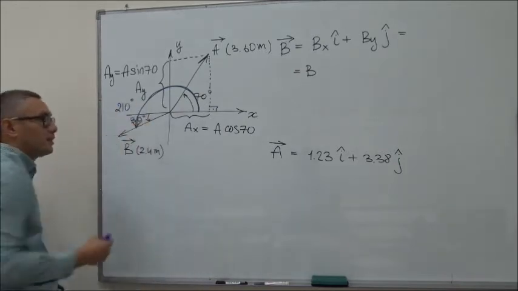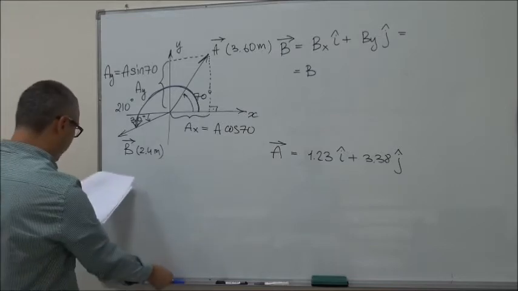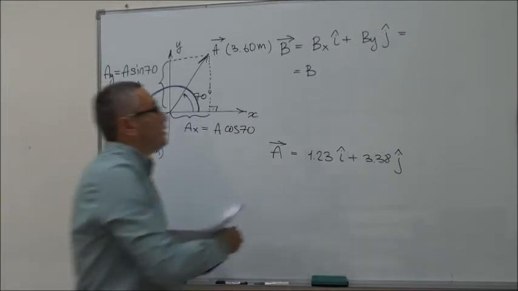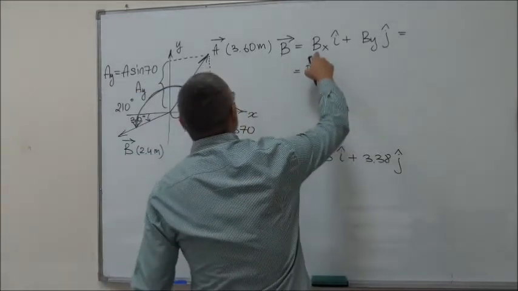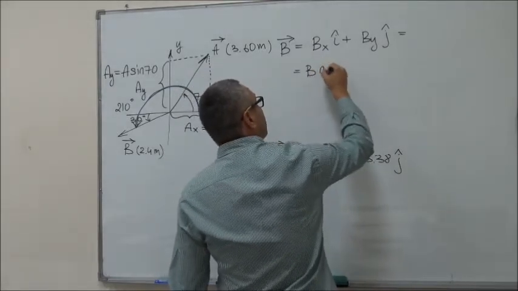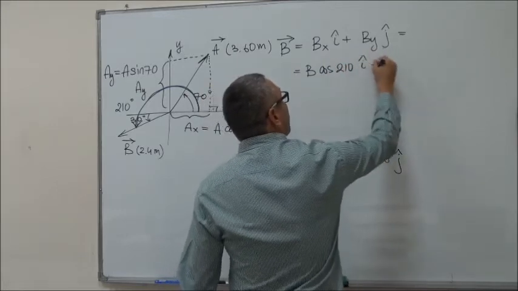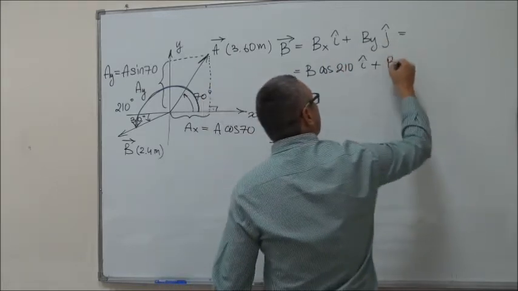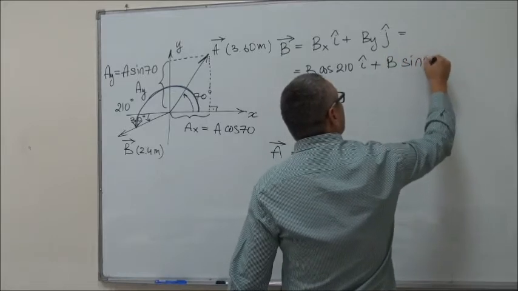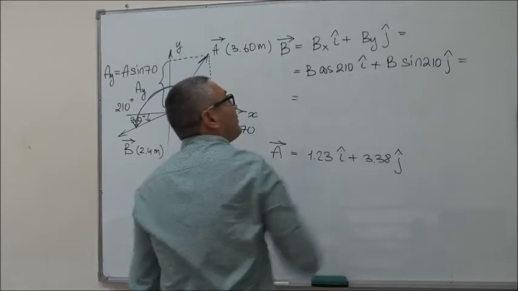So the B vector is pointing at 210 degrees with respect to the positive x direction. Which means that Bx is equal to B times cosine of 210 I, and then By is equal to B sine 210 J.